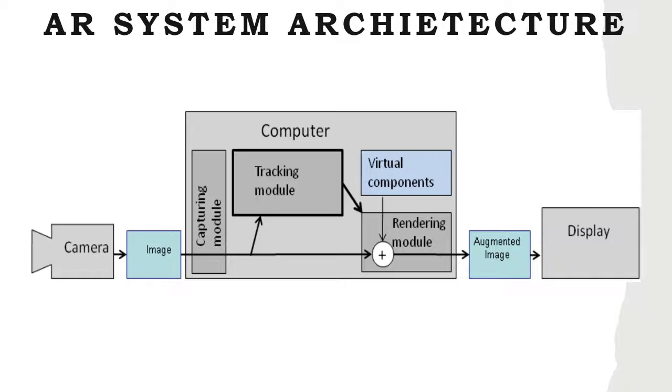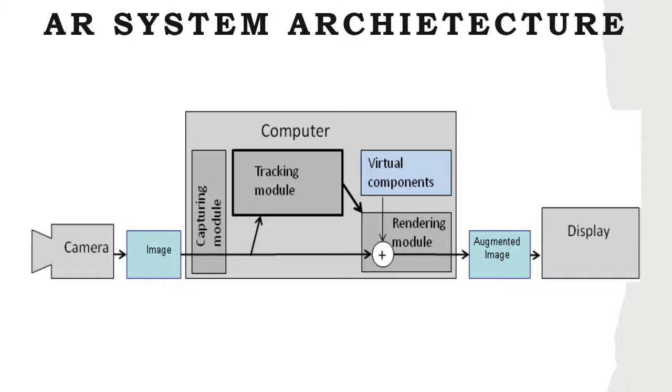If you want to create your own AR SDK, you need to have a good knowledge of computer vision. You need to know the algorithms. Even I am learning computer vision for augmented reality, so I can get a deeper understanding of how these things work.